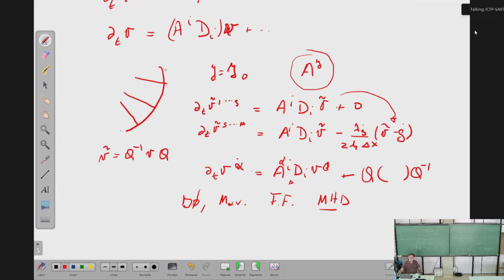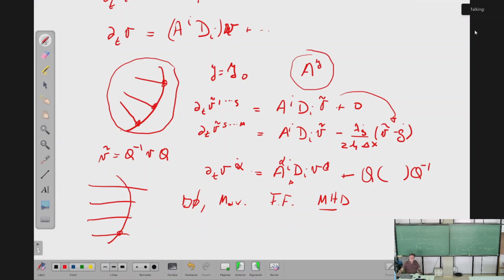But the boundary has to have this property that your points are aligned with the boundary. So you have these points on the boundary, okay? For instance, if you have a square grid and you want to take something like that, which is not aligned with the grid like this, then you have to use some other methods.